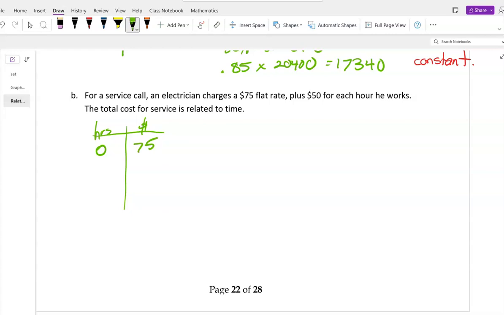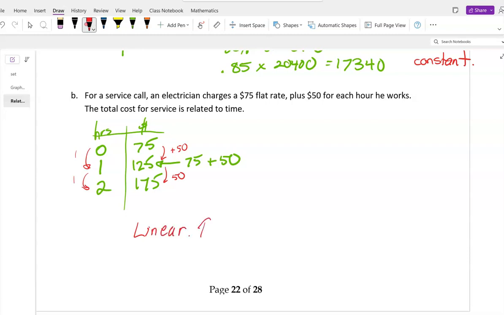Just to show up at your house, it costs $75. If he works 1 hour, he's going to charge you that 75 plus 50. If he works another hour, I'm going to add 50 to that total. Now, if you notice this, for every 1 hour I go up, I should be going up 50. So that means, yes, this is linear.